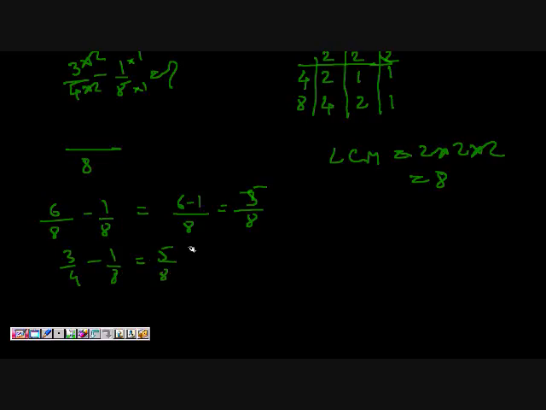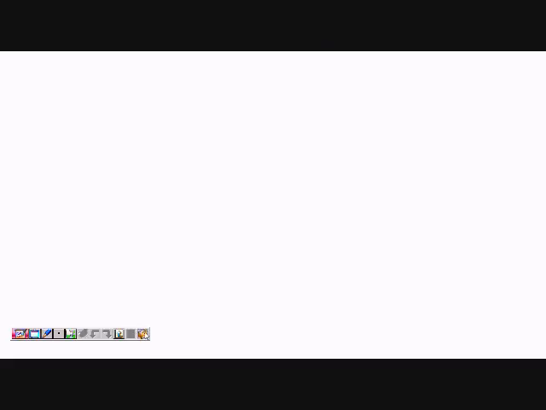Okay, let's take one more example. Suppose you're given 3 by 8 minus 1 by 2 is equal to how much? Okay, so let's find the LCM of 8 and 2.